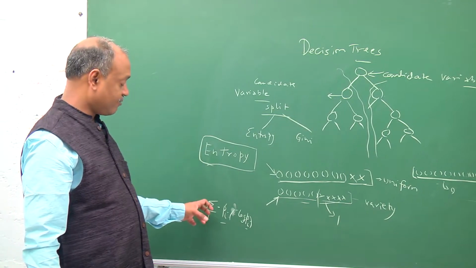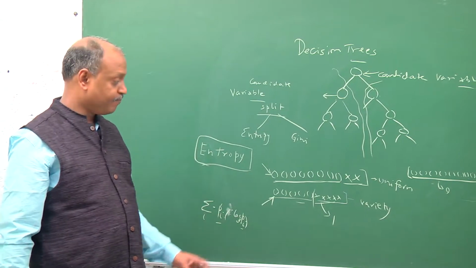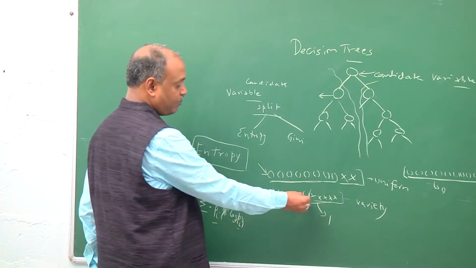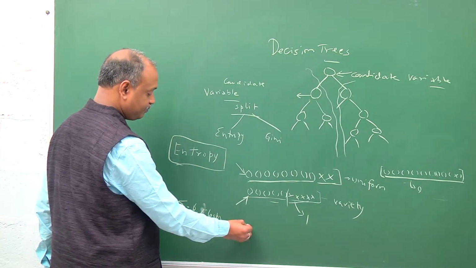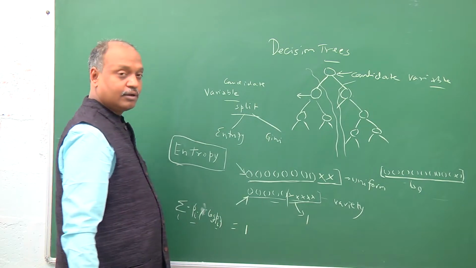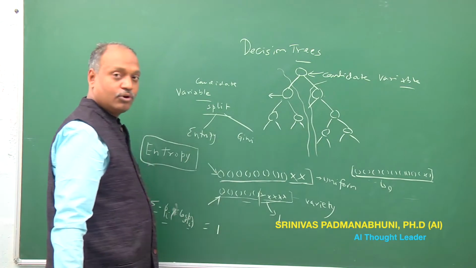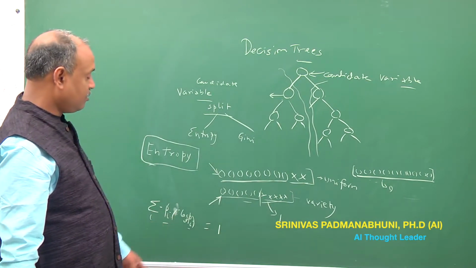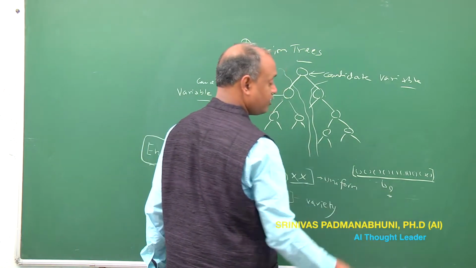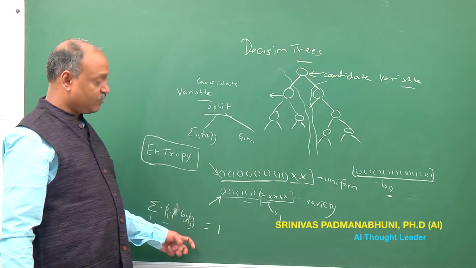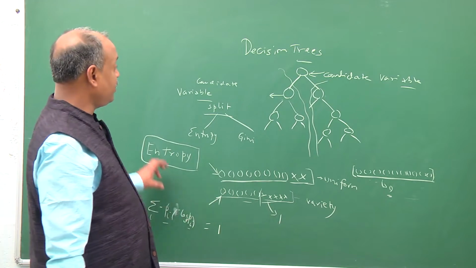If there are two, you have the probability of the first and of the second, and you take the sum of minus p_i log p_i. If both are 0.5 and 0.5, equally divided, this translates into 1. Whereas if one of them has 0 and the other has all the constituents, it leads to an entropy of 0. So entropy varies between 0 and 1.